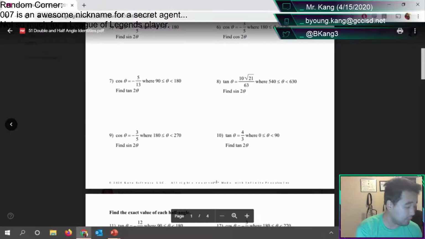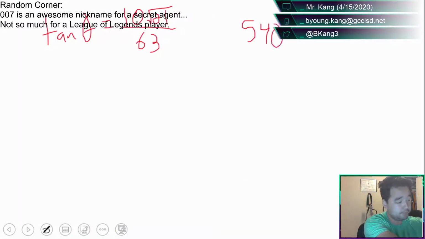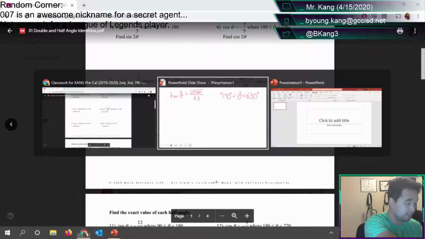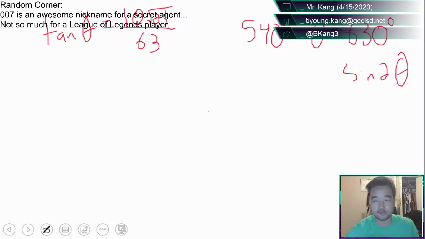And then you are between 540 and 630. And then find sine of 2 theta. Here, so I know that's behind the overlay, whatever. Y'all don't need it right now. Okay, so we have 10 square root of 21 over 63.